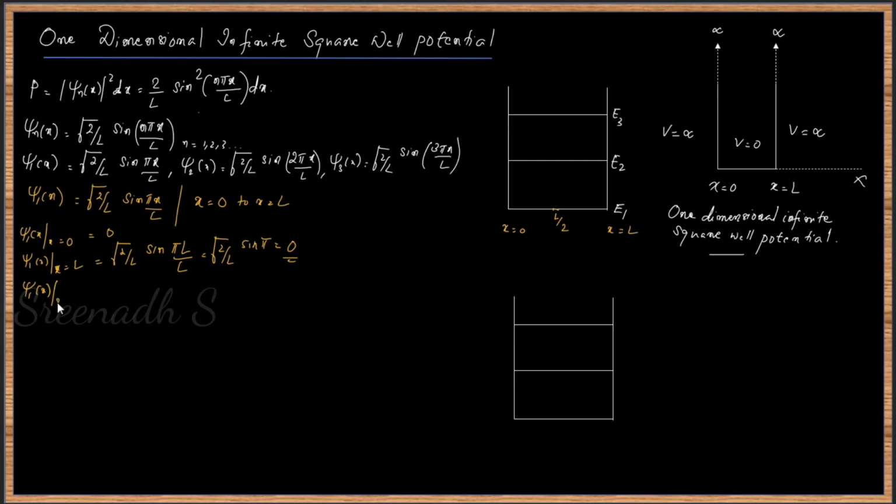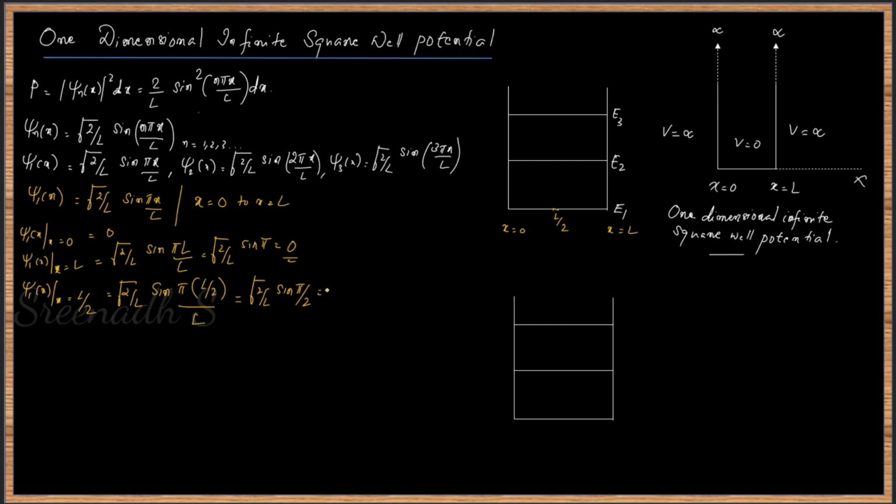So we can write square root of 2 by L sin π; for x we substitute L by 2, divided by L. So this L cancels out. Square root of 2 by L sin(π/2). Sin(π/2) is equal to 1. So it is square root of 2 by L.